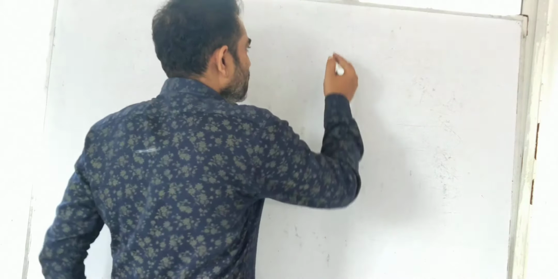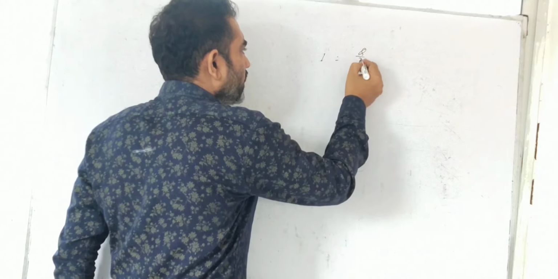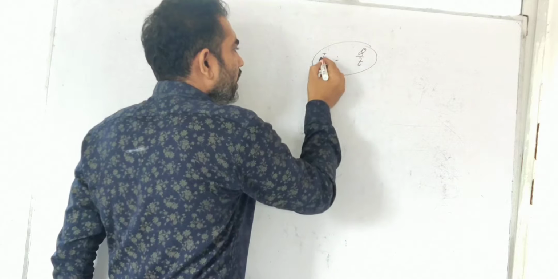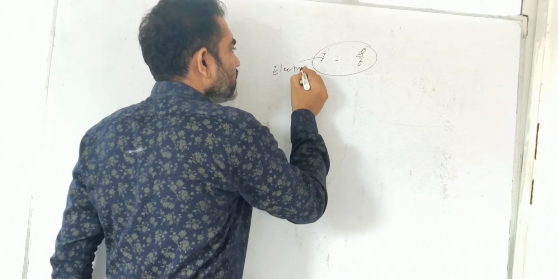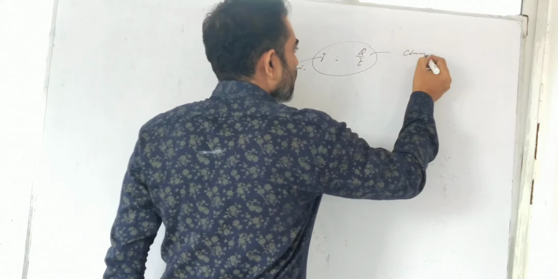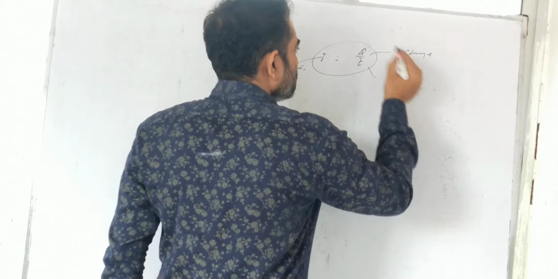So for electric current, I equals Q by T, that I had told you. I stands for current, Q stands for charge, and T stands for time.